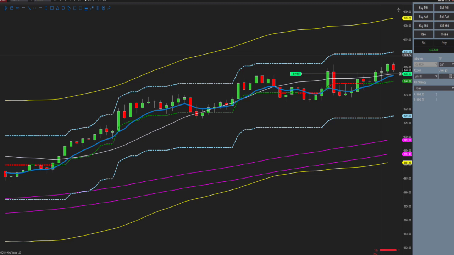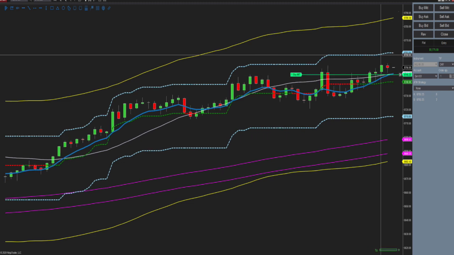Perfect area to buy just under that green box that's by itself. Alright, nice setup for long.